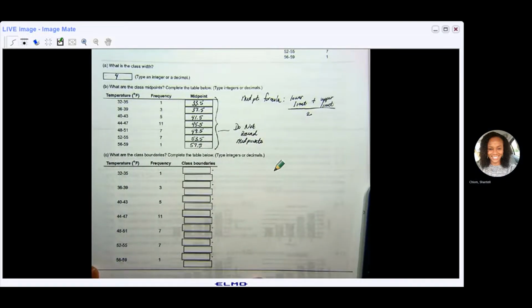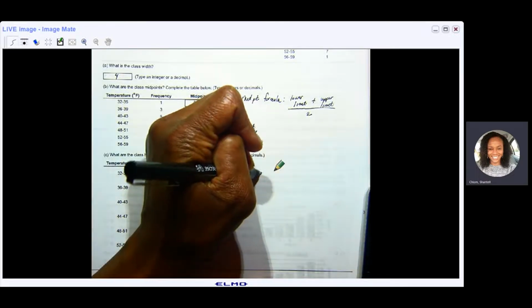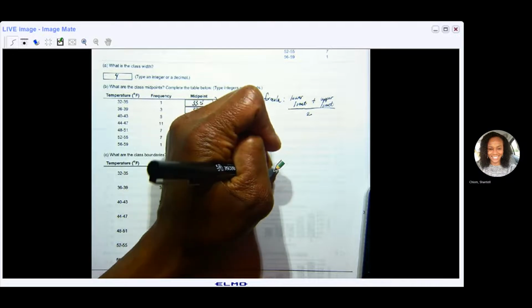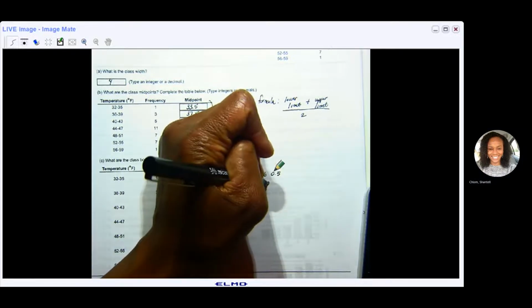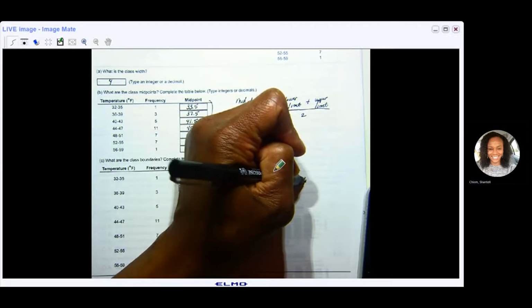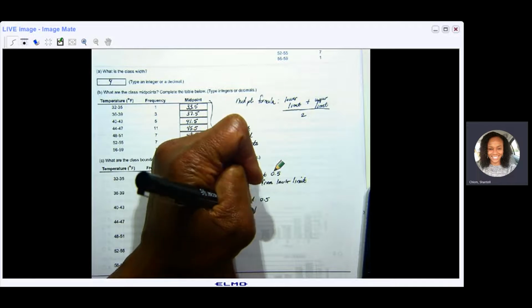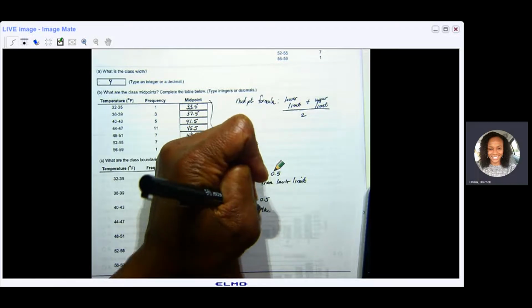Okay? For the class boundaries, you will subtract 0.5 from the lower limit, and you will add 0.5 to the upper limit.